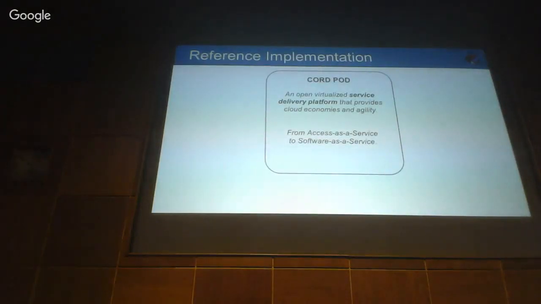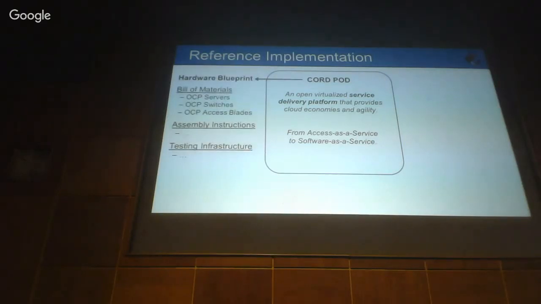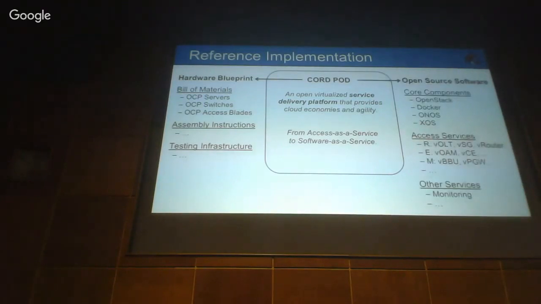So we've released our first implementation, our first reference implementation. We call it Creamy Vegetable, and it's a hardware blueprint. If you go to our wiki, you'll find a bill of materials, the servers that we support explicitly, the switches that we support exclusively, as well as the OLTs that we support. It comes with a set of assembly instructions and some testing harnesses.